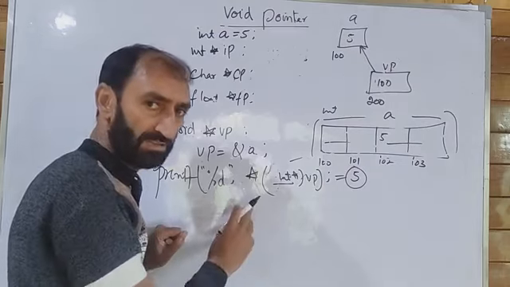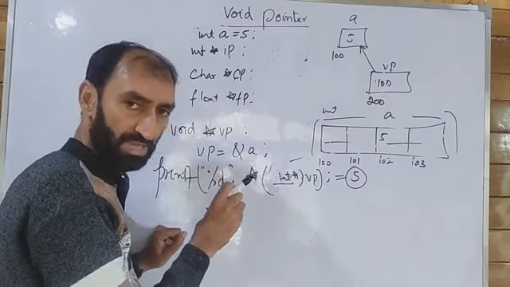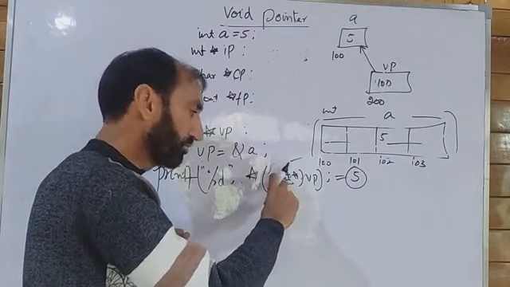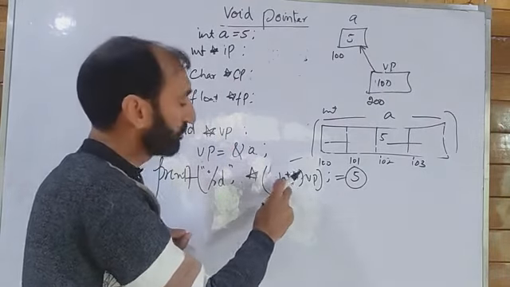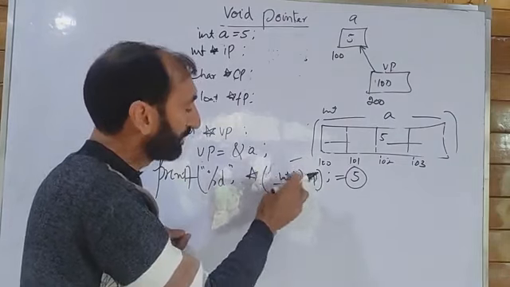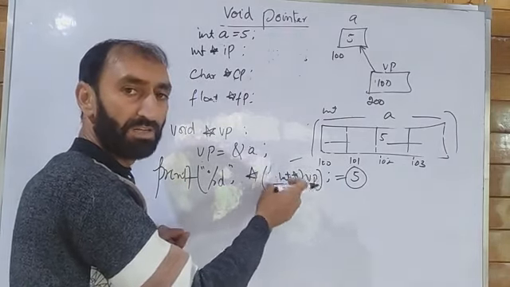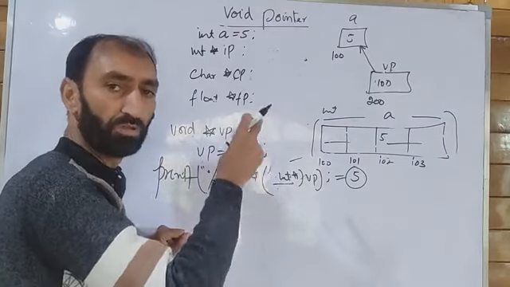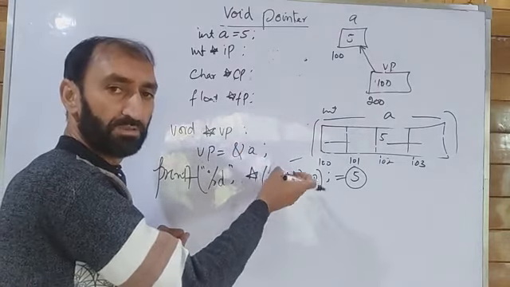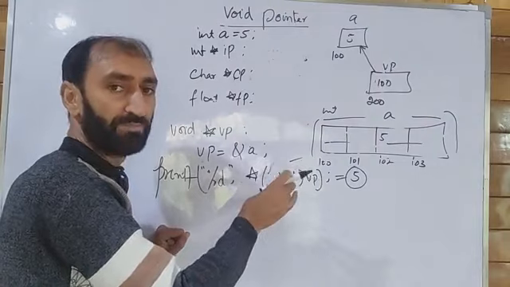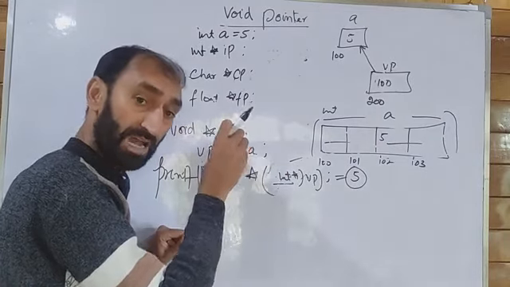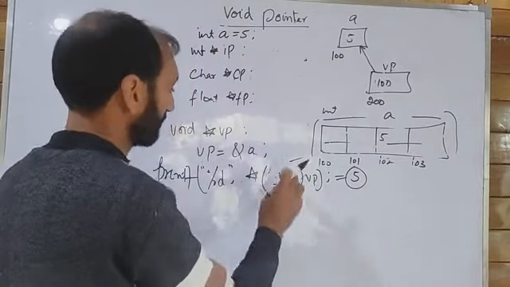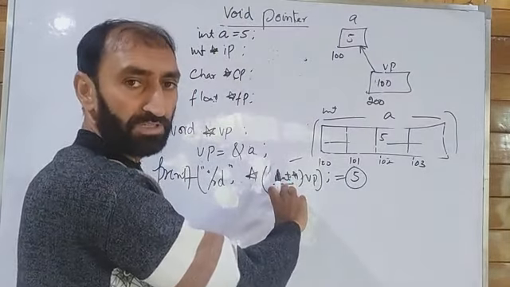Take care. While we are using the void pointer and we are going to dereference it, first of all we should typecast it. Here we should write which type of data this pointer is going to store, that is, which type of variable's address this pointer stores.